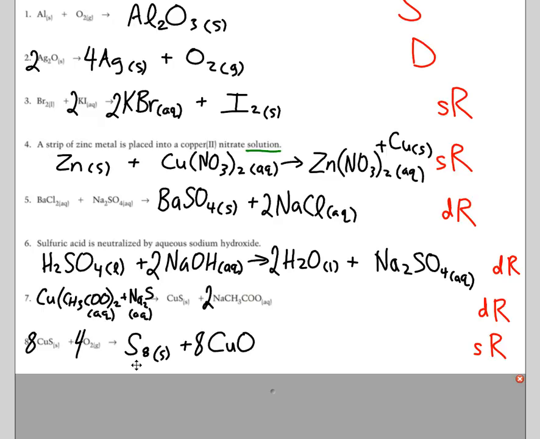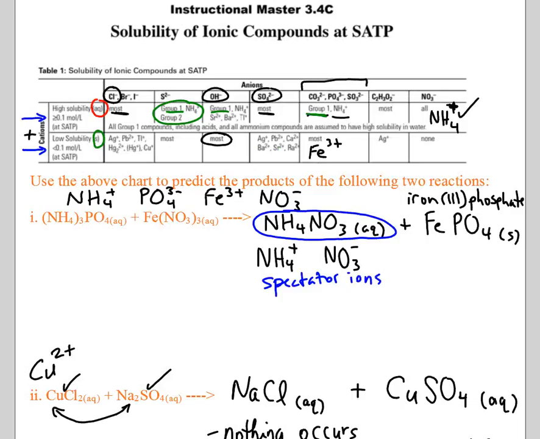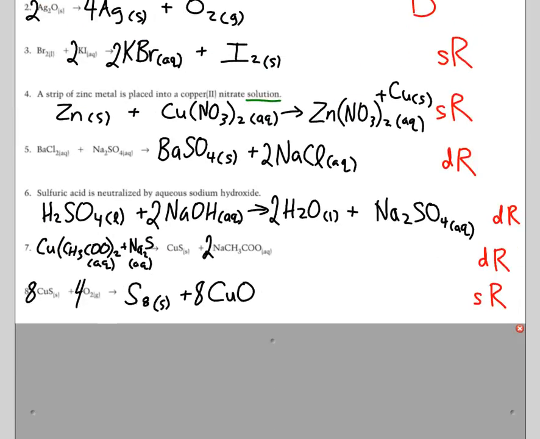And copper 2 oxide, if we're looking for the solubility of that, we probably won't find it because we don't see oxides in this chart. So we'll just predict that we will get solid products in both cases. So that's single replacement.